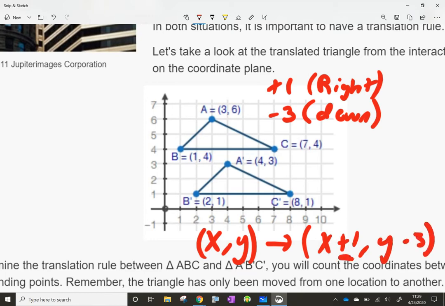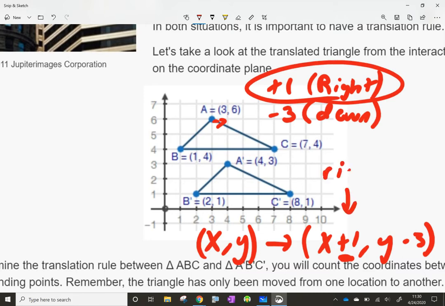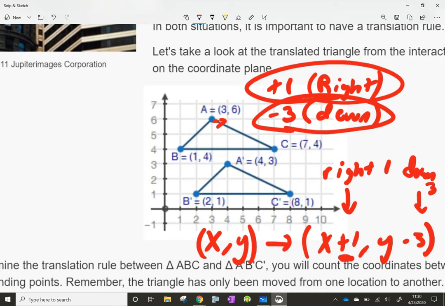So you're putting the +1 in here because, as we mentioned, the x-axis, which moves left or right, went to the right 1. So right 1 is the indication of the +1 here. And you see the -3, of course, for the same reason, because the y-axis, which goes up or down, went down 3. So that's to indicate down 3.